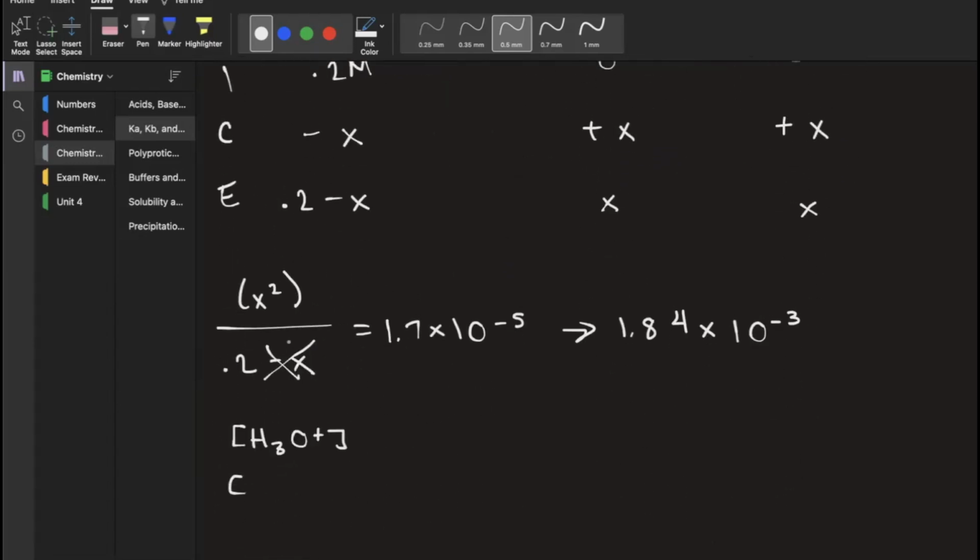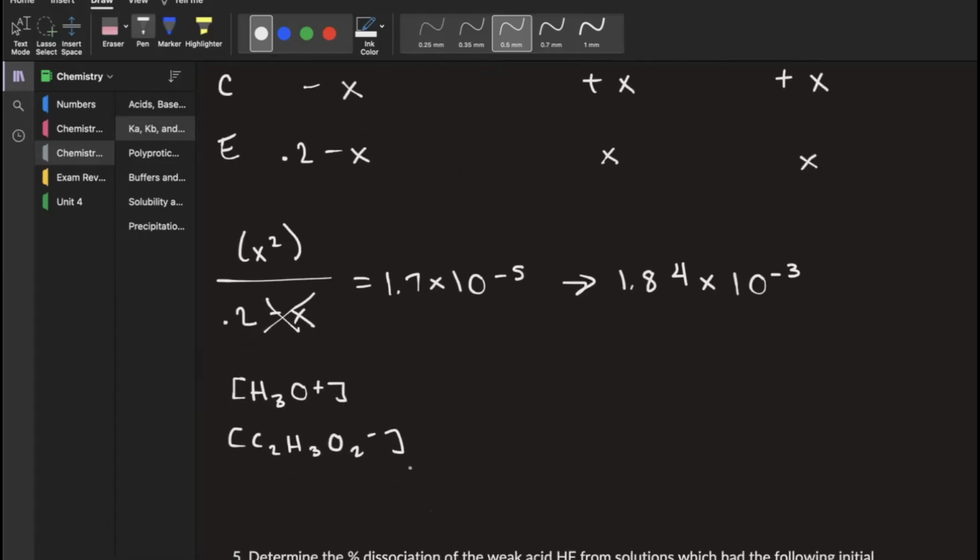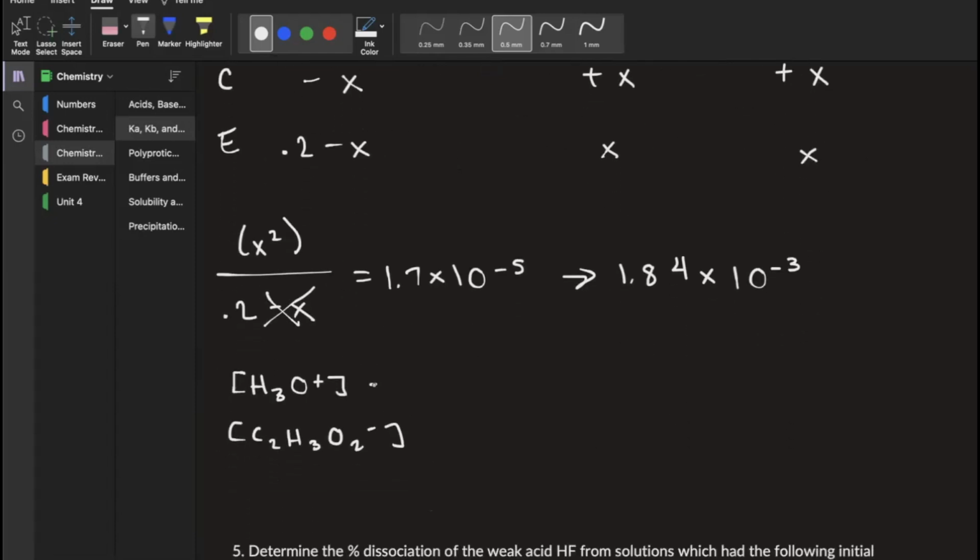So C2H3O2 minus, yes. Both of these, since they're both equal to X, are going to be 1.84 times 10 to the negative 3.